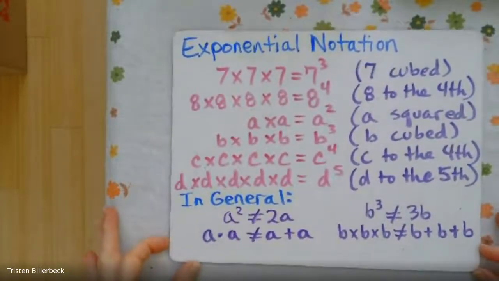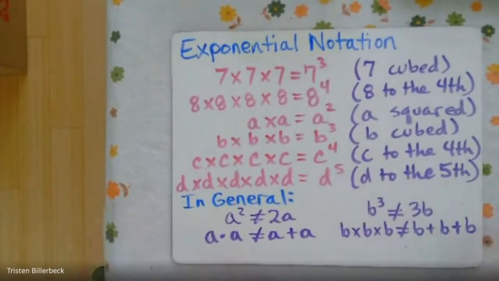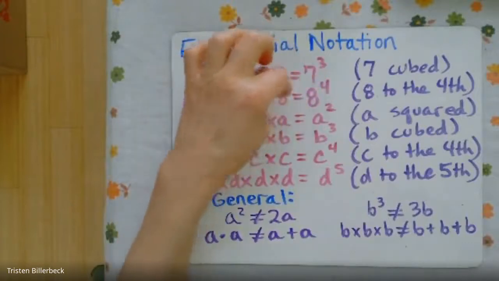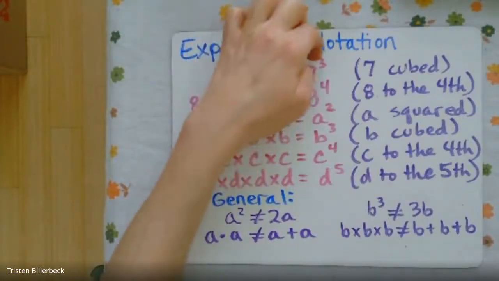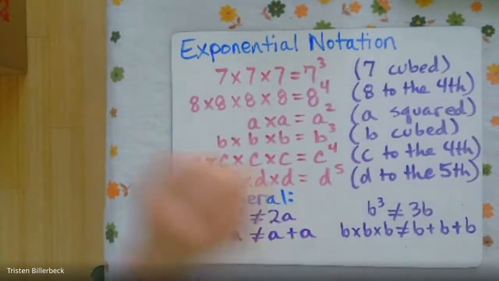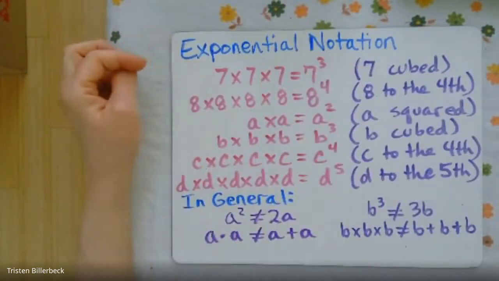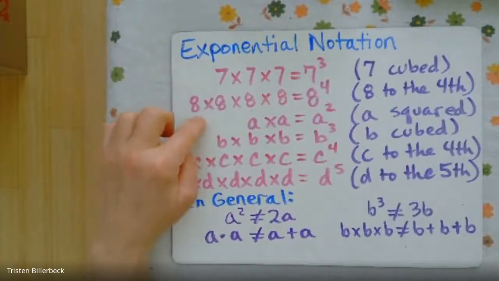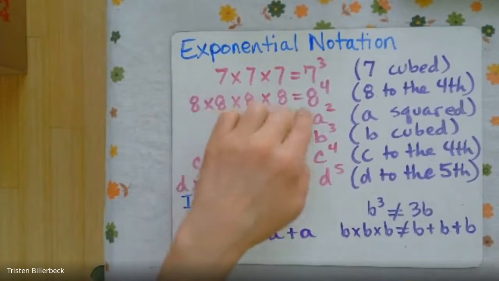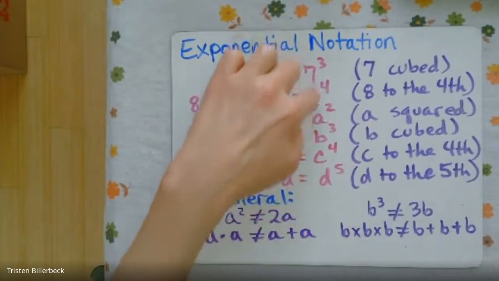So let's look at exponential notation. So if I had 7 times 7 times 7, I would write that equals 7 to the third, or 7 cubed. So that's exponential notation. So if I had 8 times 8 times 8 times 8, that's 4 8s I'm multiplying together, then I'd write 8 to the fourth.